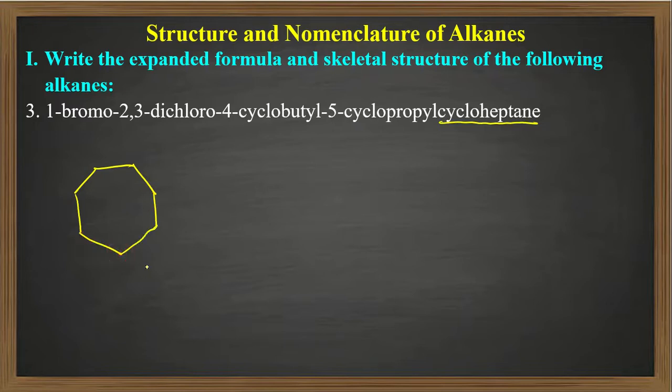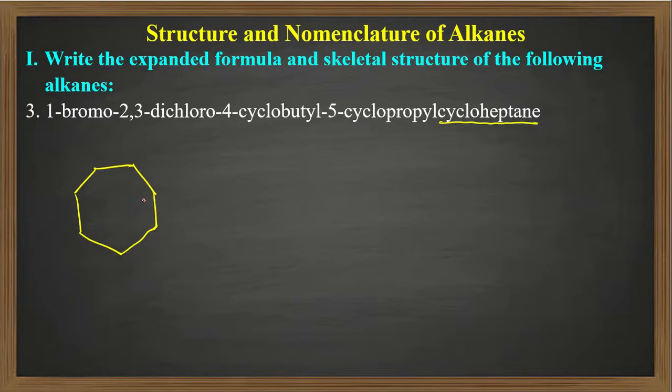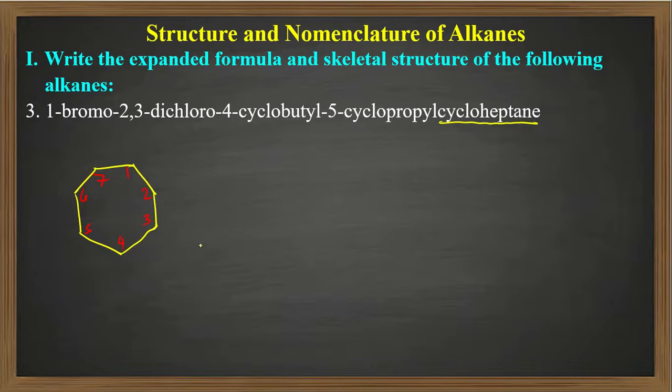Okay, that's cycloheptane. 1, 2, 3, 4, 5, 6, 7. Okay, let me assign the numbering first. So for example, dito yung carbon number 1 ko, number 2, 3, 4, 5, 6, and then carbon number 7. Then let us now attach yung mga substituents.